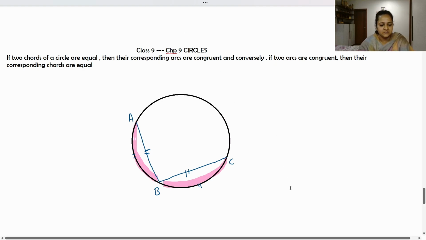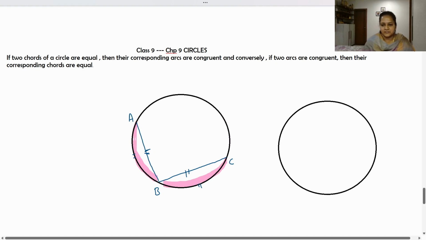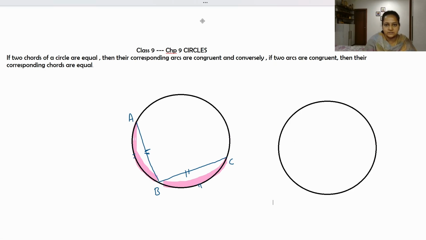Conversely, if we have any two chords, we don't know whether they are congruent. Again, let us call the chords AB and BC. You could have taken it anywhere. Now, what are we saying?